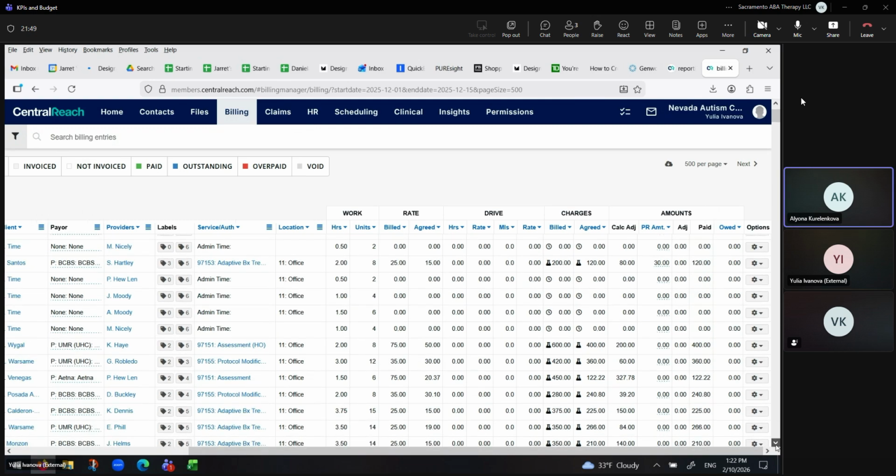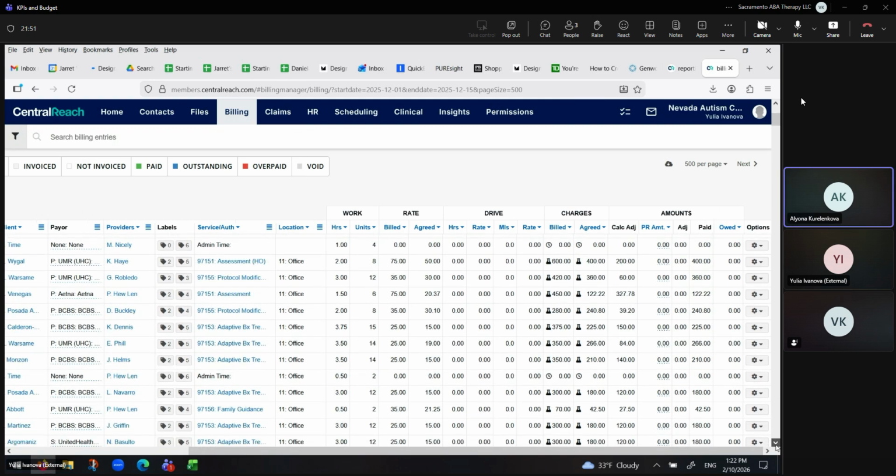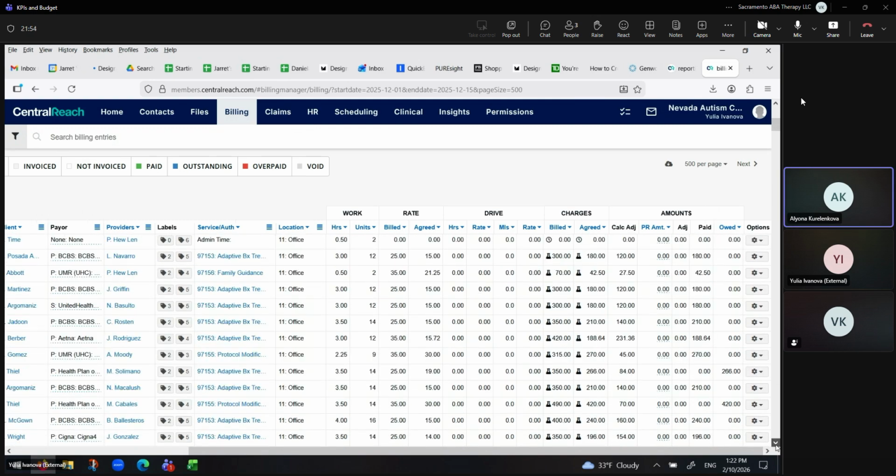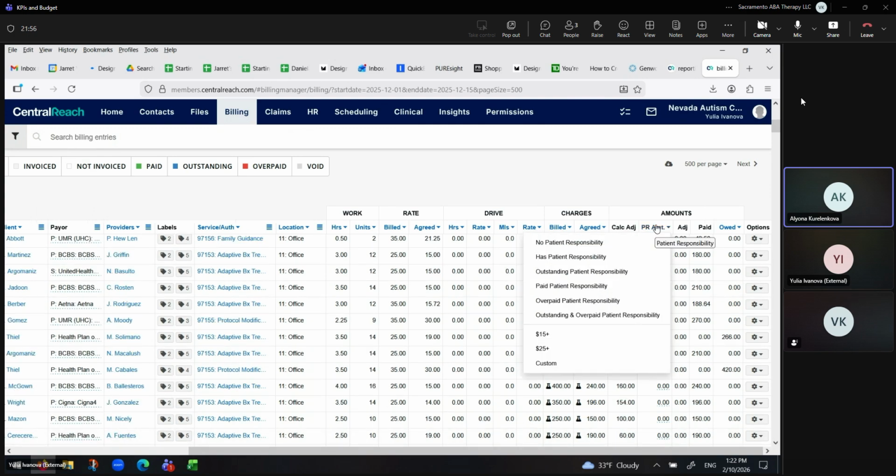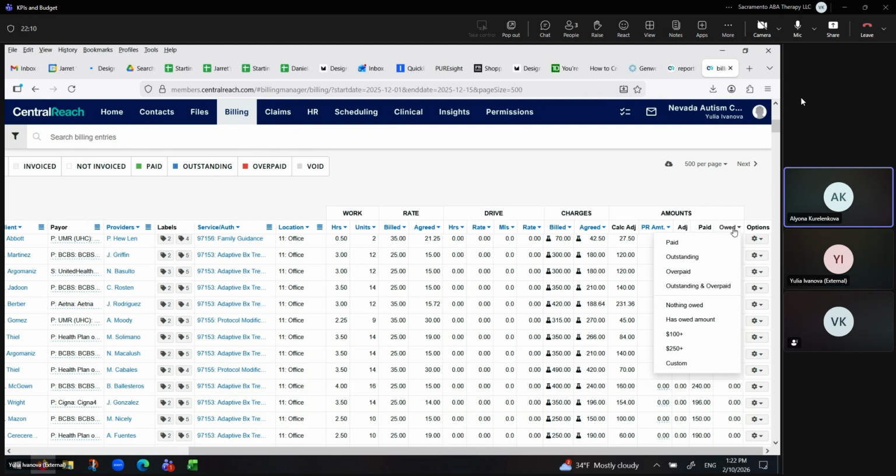Okay, and now click on the owed and pick the outstanding amounts. Outstanding patient responsibility or has? What's the difference between has and outstanding? Nope. You're clicking on PR. You need to click on the owed, OWED, to the right, and click on outstanding.